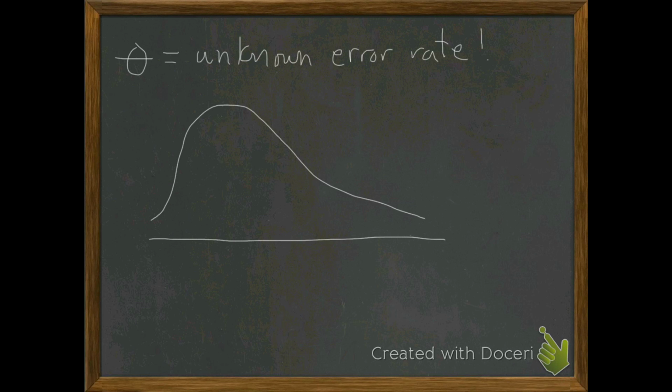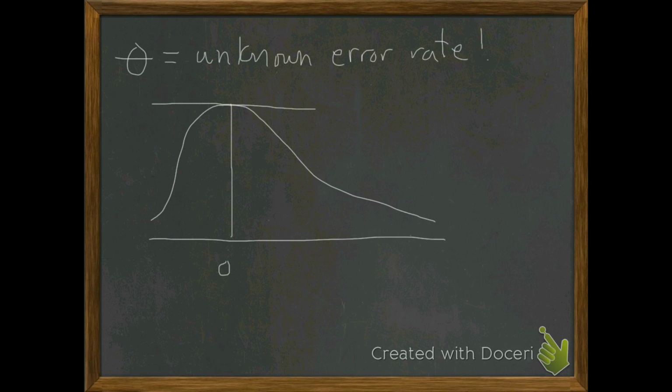We have some distribution, which has a maximum likelihood estimate at a particular point. All right, let's make it happen.